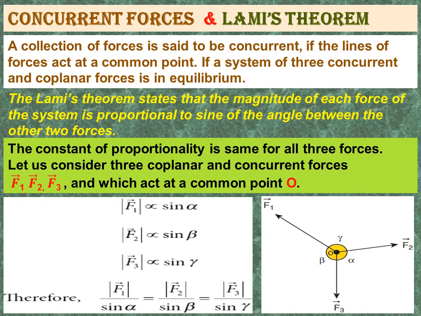The magnitude of F1 is directly proportional to sine alpha, F2 is directly proportional to sine beta, and F3 is directly proportional to sine gamma. Therefore, the magnitude of F1 divided by sine alpha is equal to the magnitude of F2 divided by sine beta, which is equal to the magnitude of F3 divided by sine gamma.